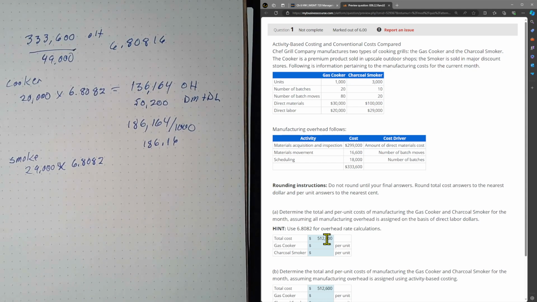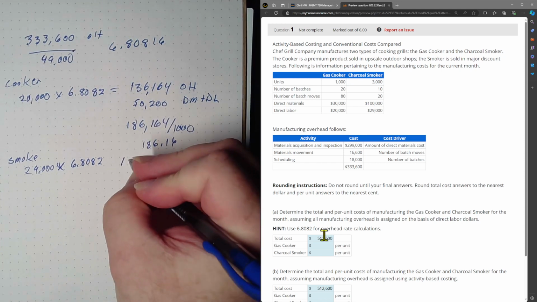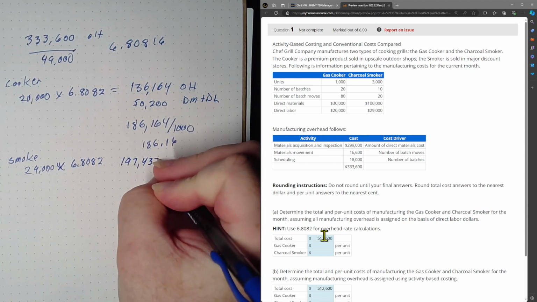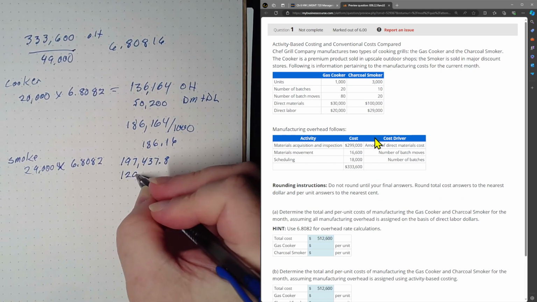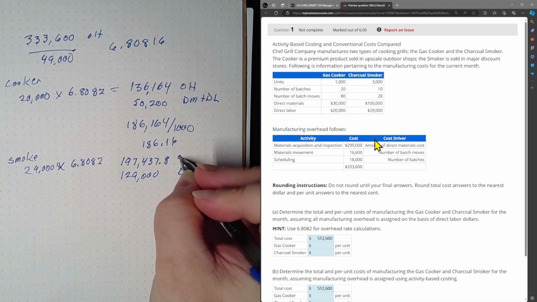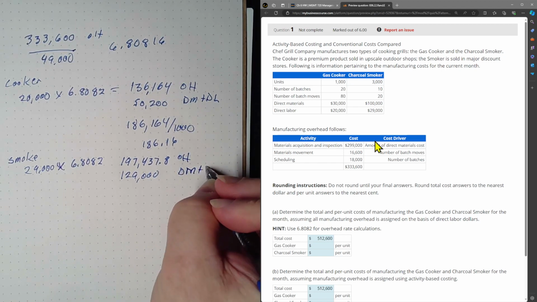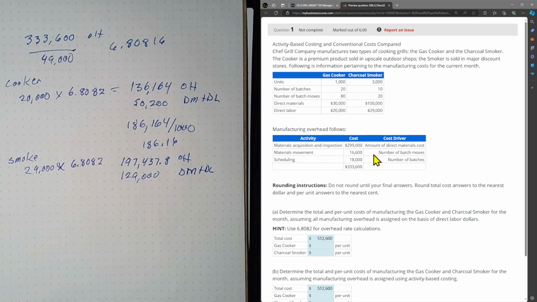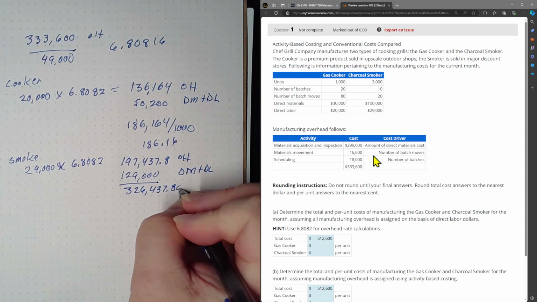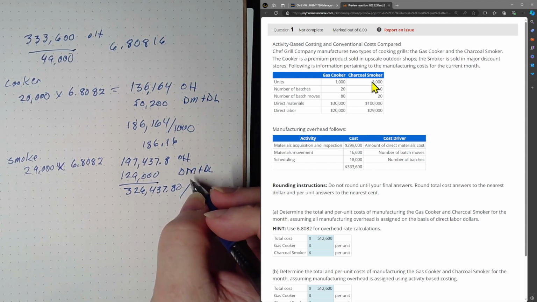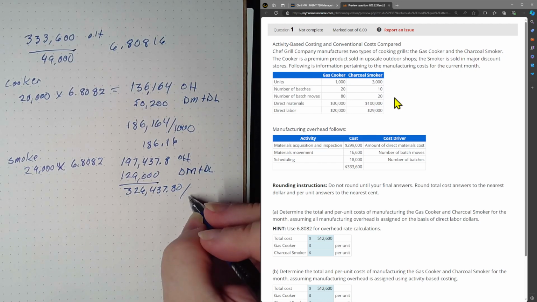So 29,000 times 6.8082 equals 197,437.8. And then we add in 129,000 for the direct materials. So this is the overhead, this is the direct materials and direct labor, equals 326,437.80. But this one has 3,000 units in a batch.